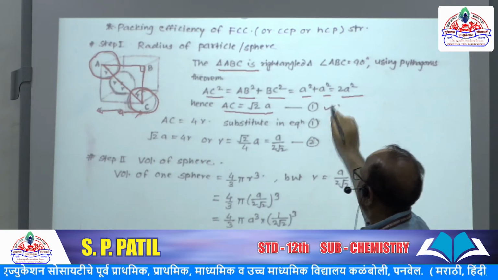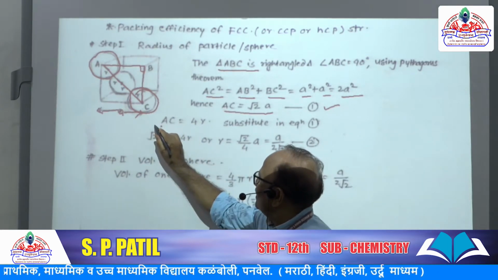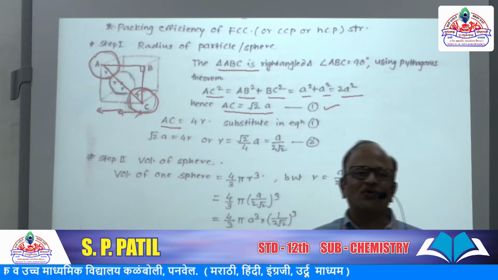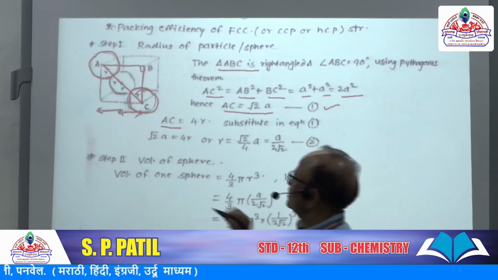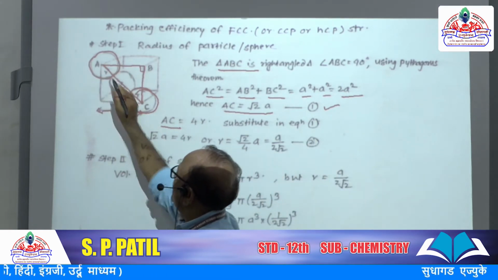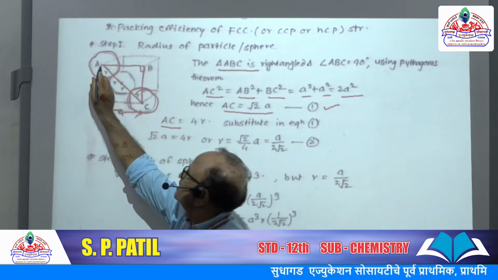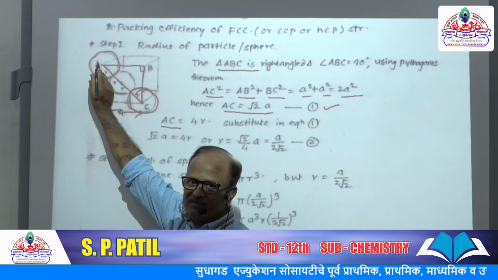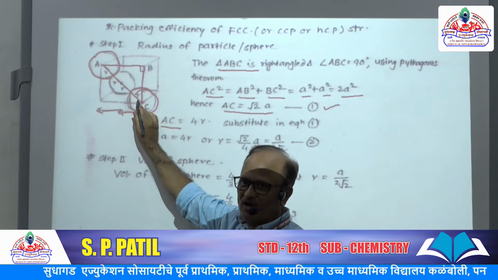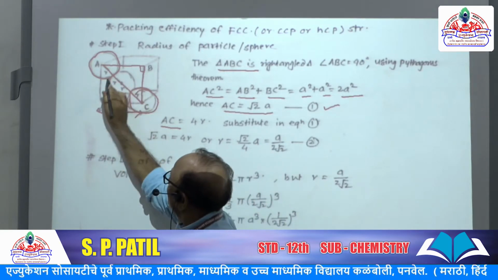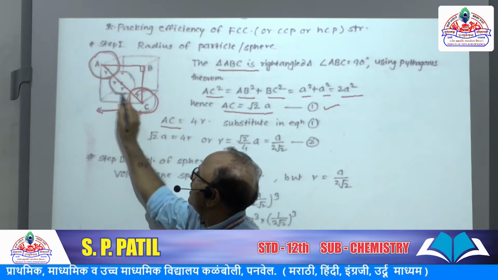This is equation first. But here it is given AC is equal to 4r. How does it come? All three spheres are touching each other, because this atom is at this corner and C atom is at this corner, and at the center of the face there is another sphere.